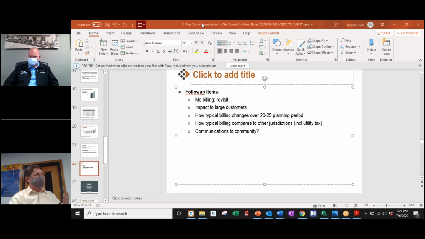So I see those as the different decision points. And once we work those out in workshops, then we could have a public hearing, hear from the citizens as far as what they think and how they feel about it, and then go to a city council vote.